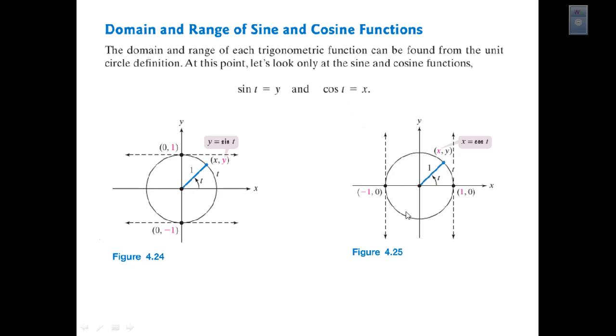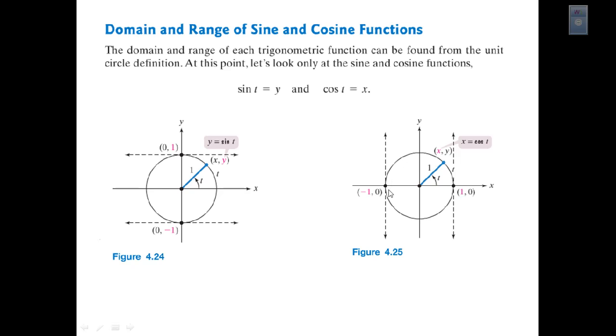Now when we look at the cosine, it's very similar, but notice we're measuring side to side for our range values. Once again, our angle t can be anything. We can go around this circle an infinite amount of times to our terminal side, but the maximum value we can have for our cosine value, known as our x value on the unit circle, is 1.